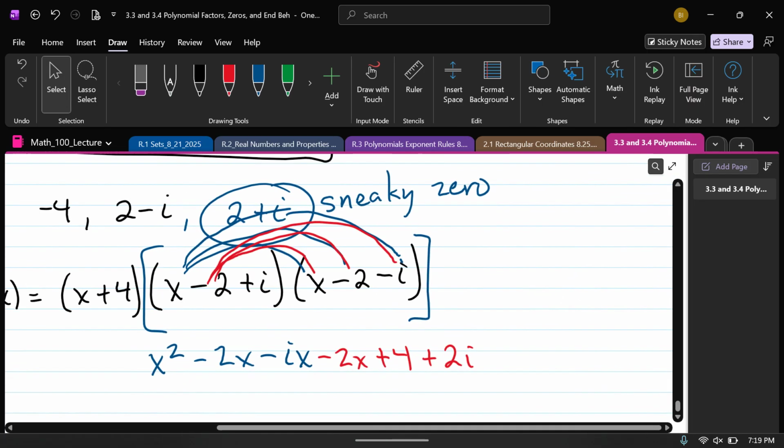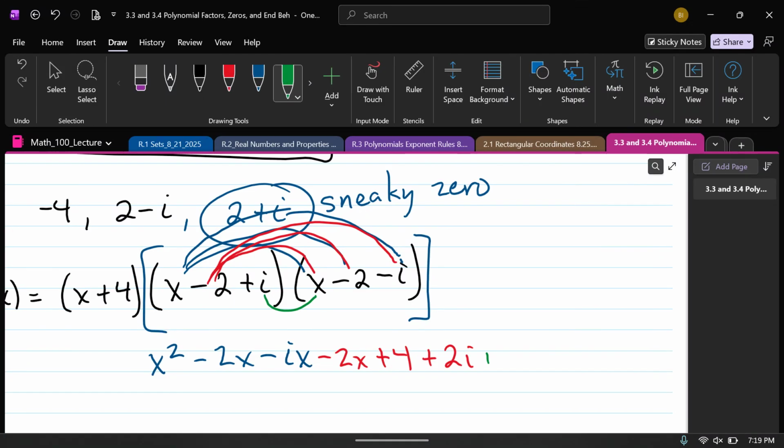Now I'm going to multiply i times all of that. I'm going to write that in green. So i times x is ix. i times negative 2 is negative 2i. i times negative i would be negative i squared. All right.